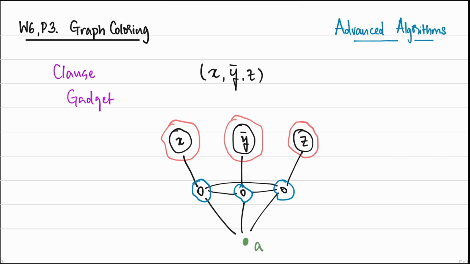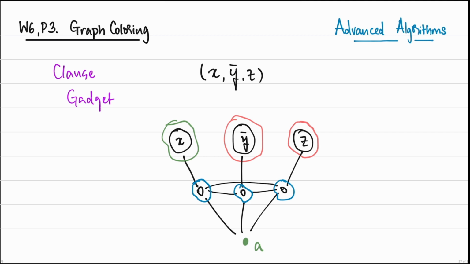Okay, so I hope you had a chance to think about that a little bit. The issue with this construction is that it is in some sense too aggressive. It does block out the color combination that we want it to block, but it also disallows legitimate color combinations which would be valid. So for example, maybe you set X to true, and that actually satisfies this clause.